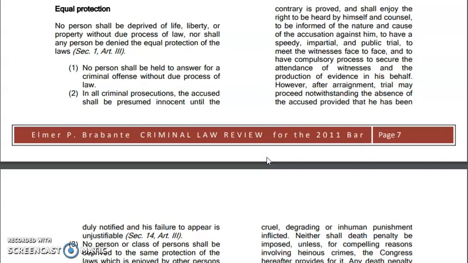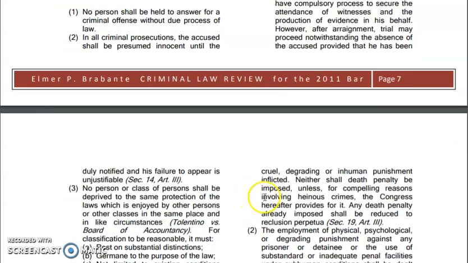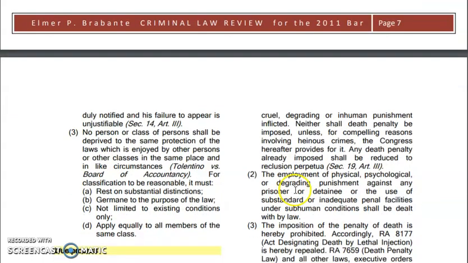In all criminal prosecutions, the accused must be presumed innocent until the contrary is proved or until guilt is proven beyond reasonable doubt. No person or class of persons shall be deprived of the same protection of the laws which is enjoyed by other persons. No? Kailangan pare-pareho yan, general in application.